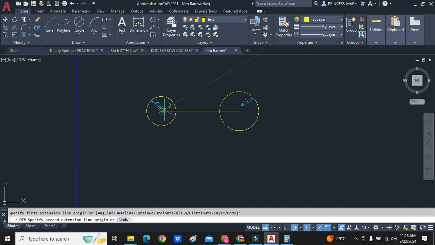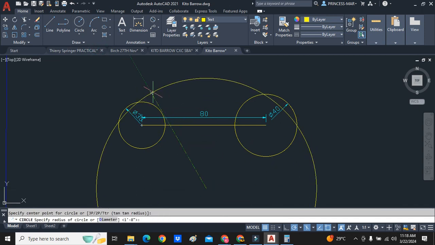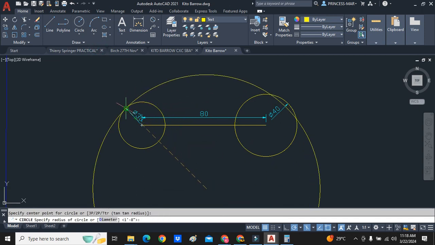The first thing is you just know the measurements of your circles, and I want to put a curve up here, 120. If we're putting a curve above here, for this one, do we have to subtract or do we have to add?